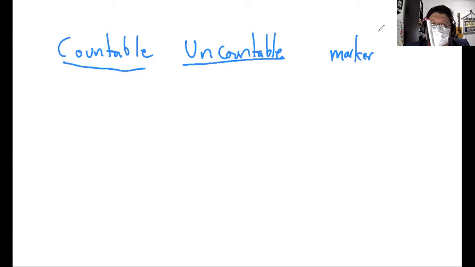These are two markers, three markers, four markers, five markers. So the word marker, what do you think? Is it countable or uncountable, by what I just showed? Marker would be countable.